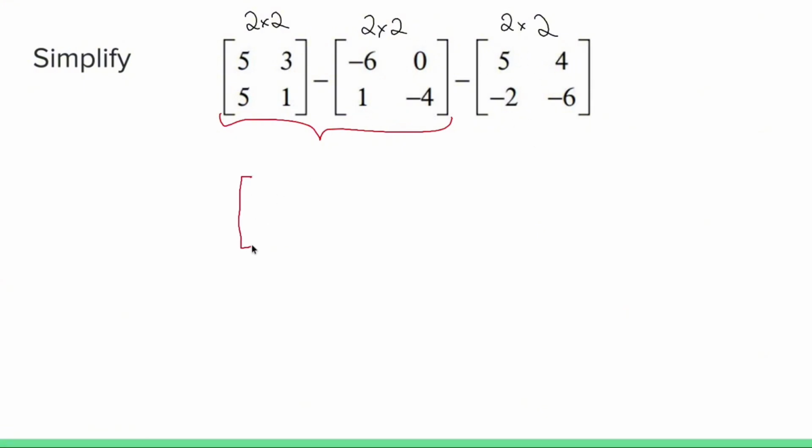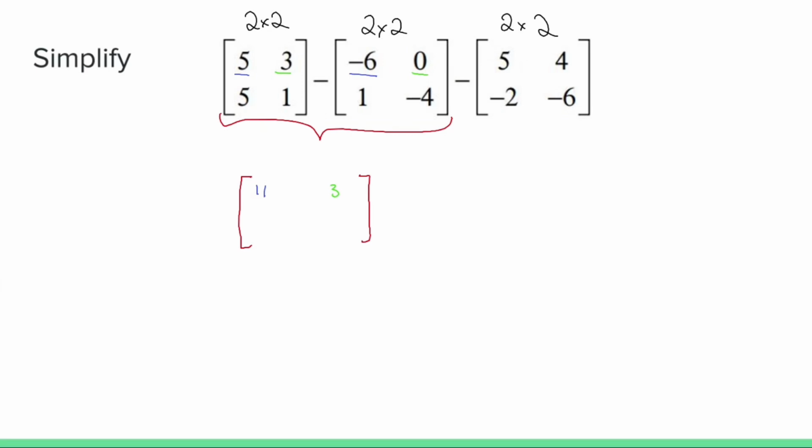When you subtract matrices, you are subtracting the elements in the same row and column, in the same position. For example, 5 minus negative 6 is 5 plus 6, which is 11. Let's do it again. 3 minus 0 is 3.